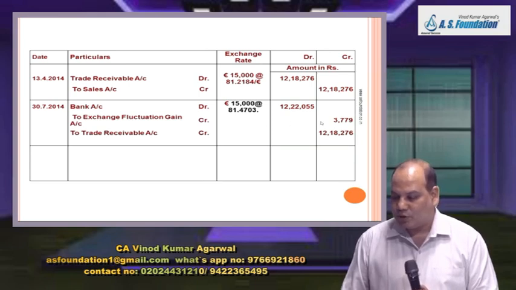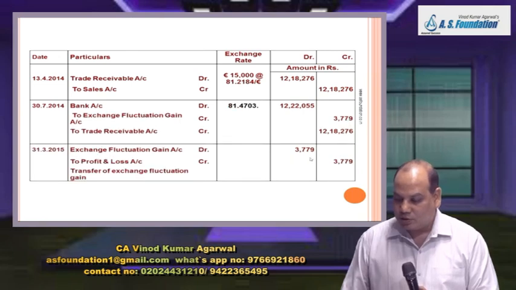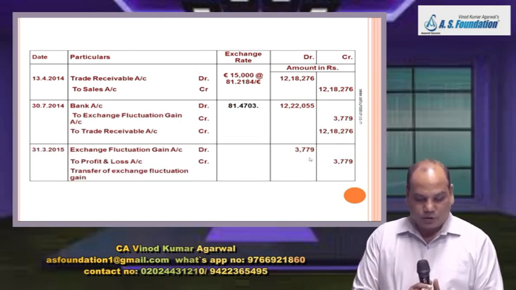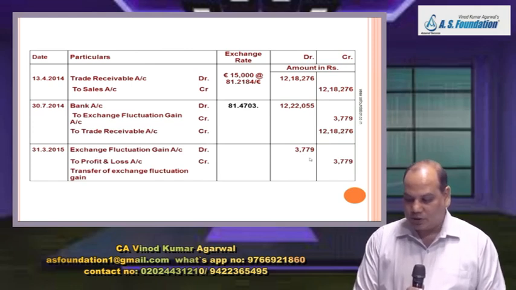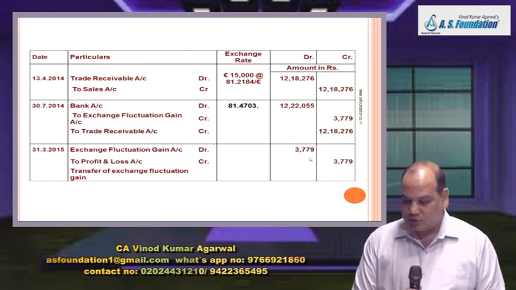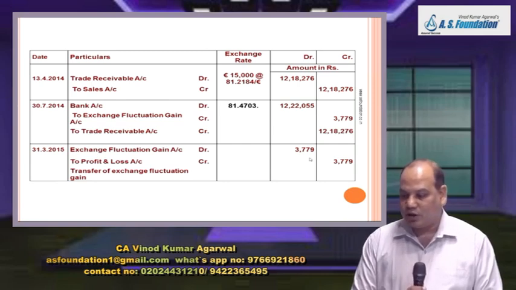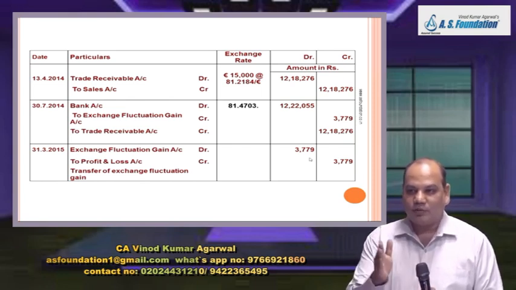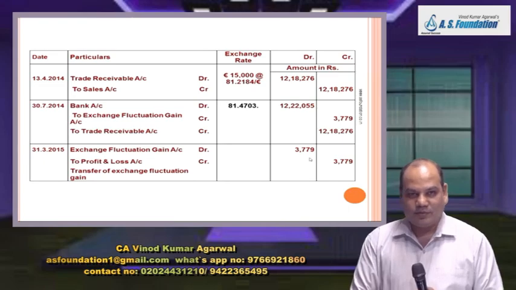To exchange fluctuation gain 3779. To trade receivable 12,18,276. Check the number, balancing figure, and then you write down one more entry. Exchange fluctuation gain account debit 3779 to P&L account 3779. Transfer of exchange fluctuation gain on monetary item. Trade receivable is a monetary item. Yes or no? Yes. Now we'll take a break.